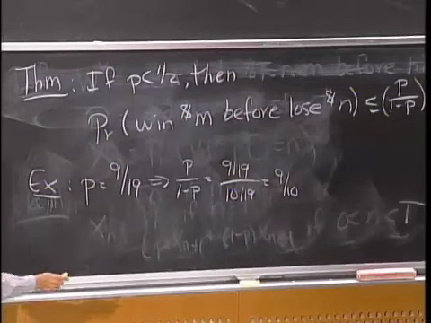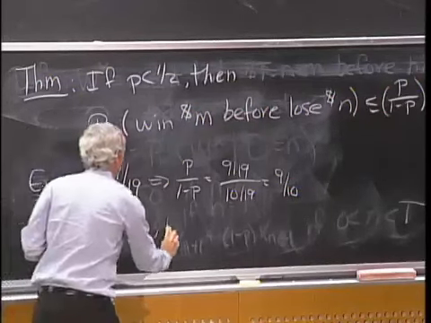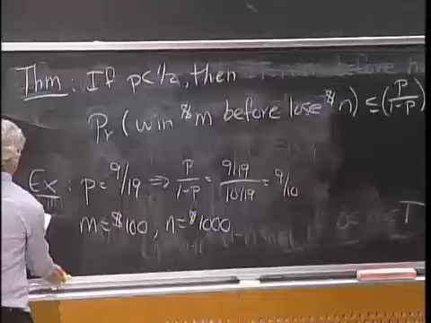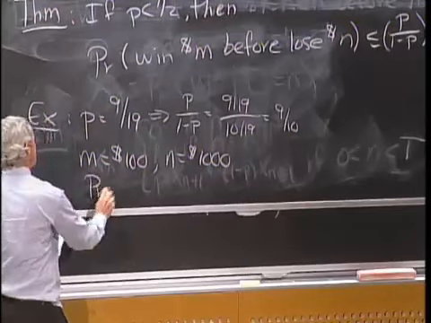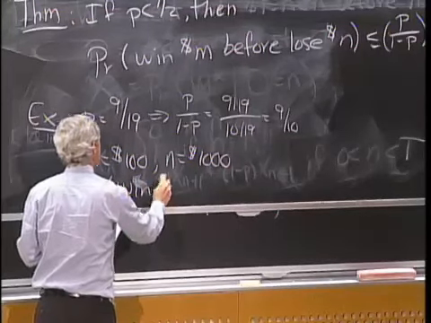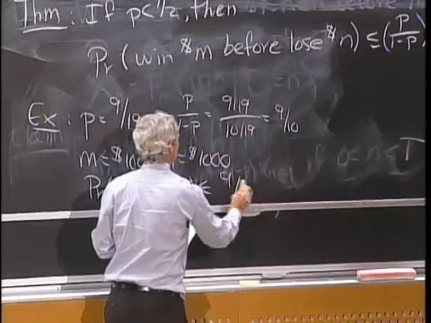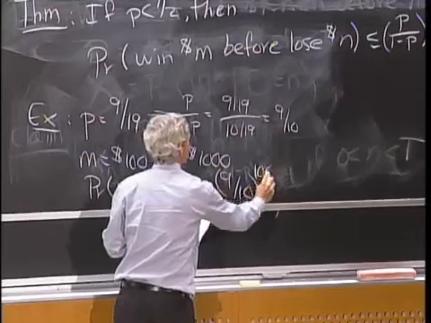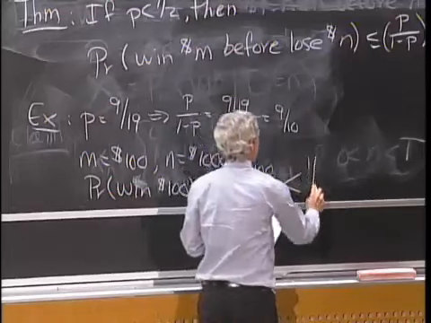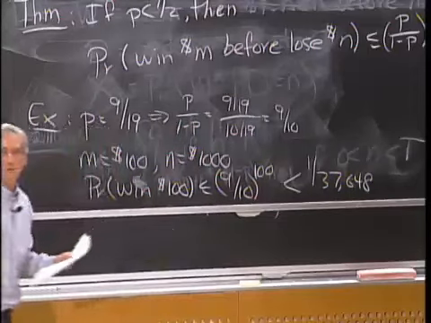And if m, the amount you want to win, is $100, and n is $1,000, that's what you start with and you're willing to lose, the probability you go home happy, that you win $100, is less than or equal to 9/10 raised to the m, which is 100. So it's (9/10) to the 100, and that turns out to be less than 1 in 37,648, which is where that answer came from.